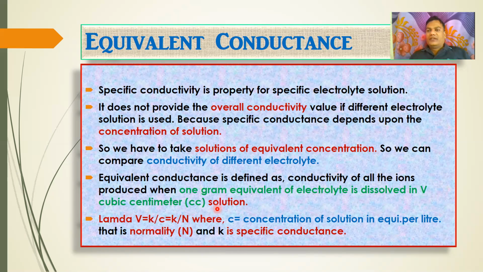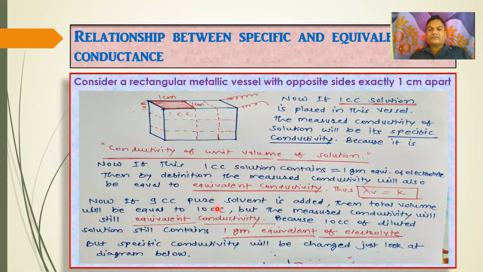So we will go into the next slide. Now you can see here the relationship between specific and equivalent conductance. Specific conductance is indicated by K, equivalent conductance is indicated by lambda V. Now consider any rectangular metallic vessel, as shown in this diagram. This is the rectangular metallic vessel having 1 centimeter length, 1 centimeter breadth.